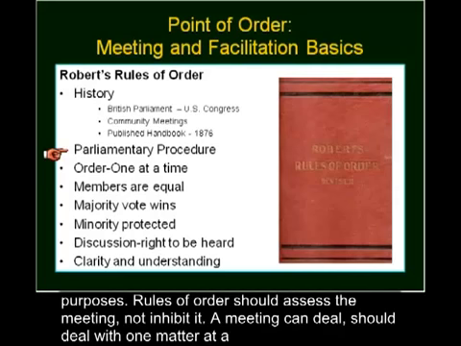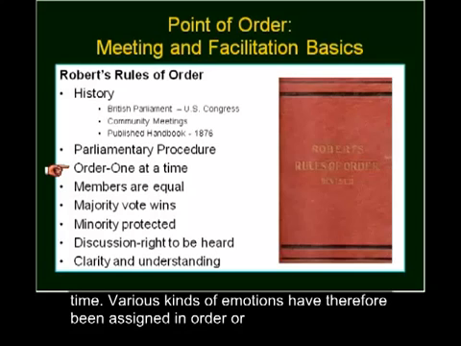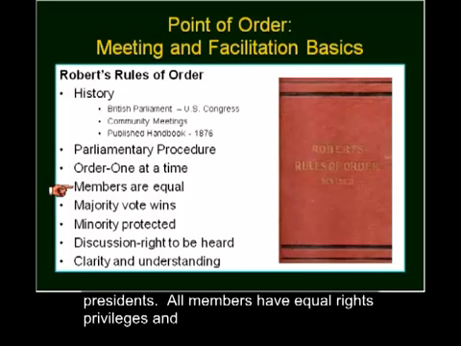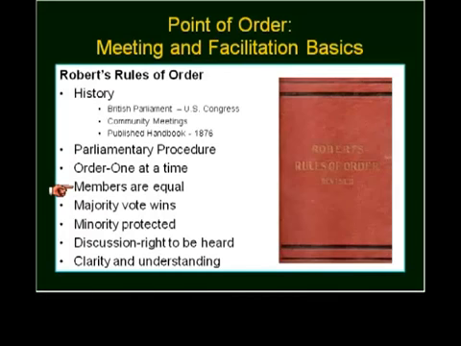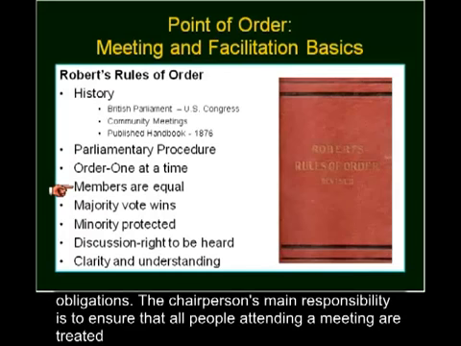A meeting should deal with one matter at a time. The various kinds of motions have therefore been assigned an order of precedence. All members have equal rights, privileges, and obligations. The chairperson's main responsibility is to ensure that all people attending a meeting are treated equally.